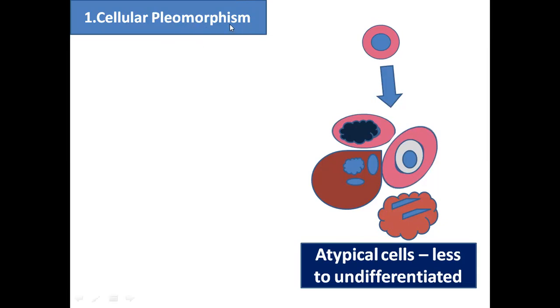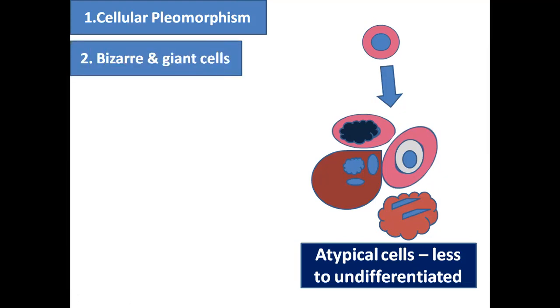Morph means morphology. Cellular means cells. So cells are of various shapes in malignant tumors, while in benign tumors they are all the same. This is one of the features of malignancy. Cells have different shapes: oval cells, rounded cells, tubular cells, bizarre cells, giant cells.